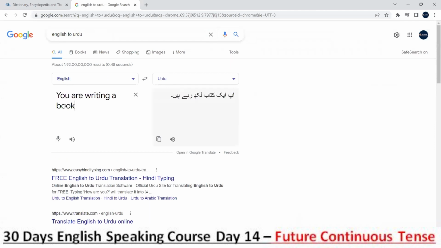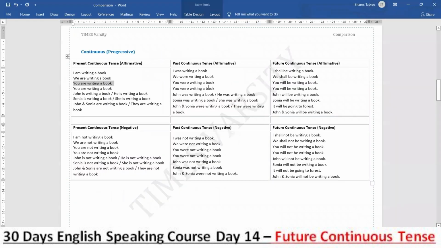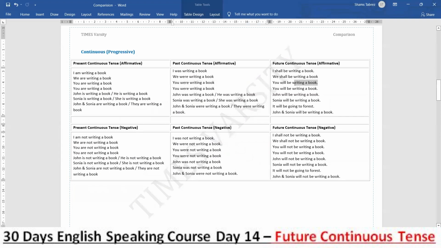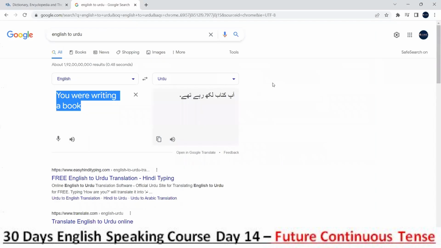See here, you are writing a book. आप एक किताब लिख रहे हैं. Right? And if I copy from past tense, you were writing a book. आप किताब लिख रहे थे. And you will be writing a book. आप एक किताब लिख रहे होंगे.